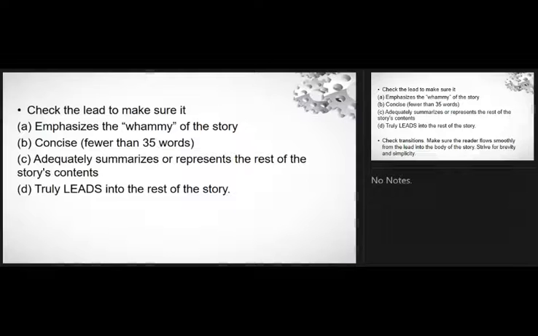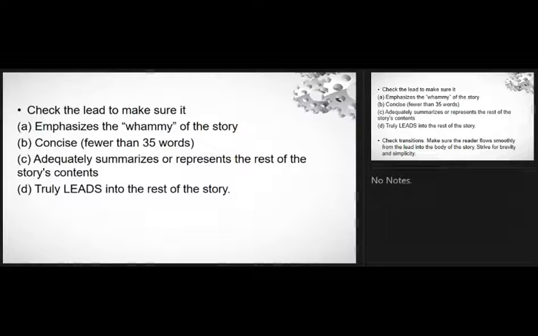When you edit your news story, just like the four principles, you have to make sure that the lead emphasizes the warning of the story and is concise, no more than 35 words.